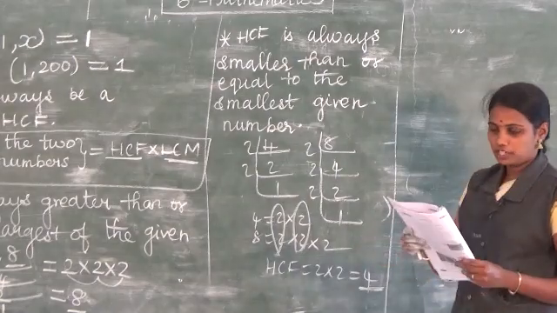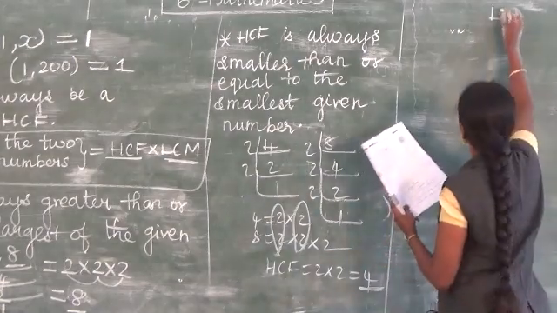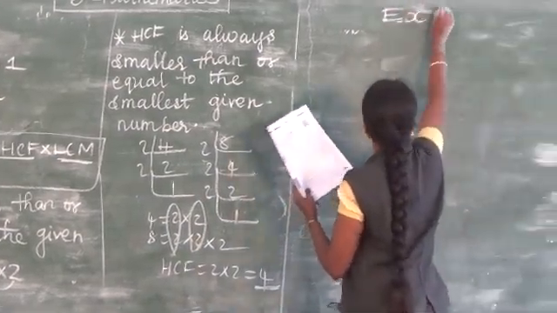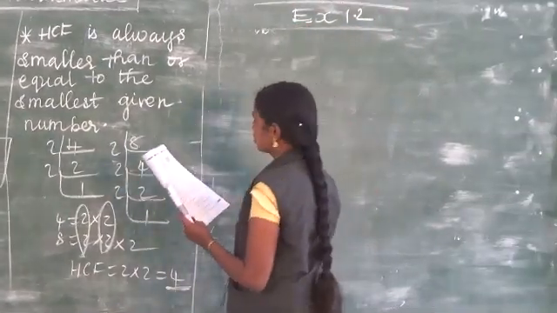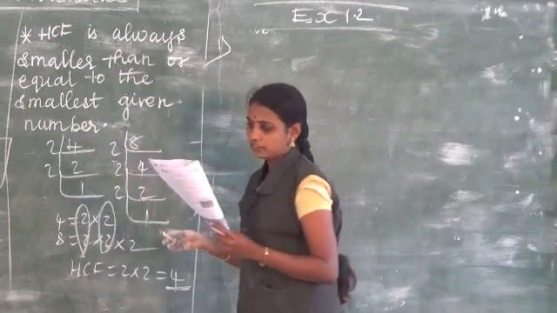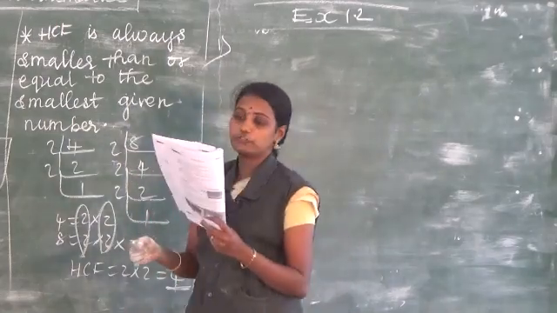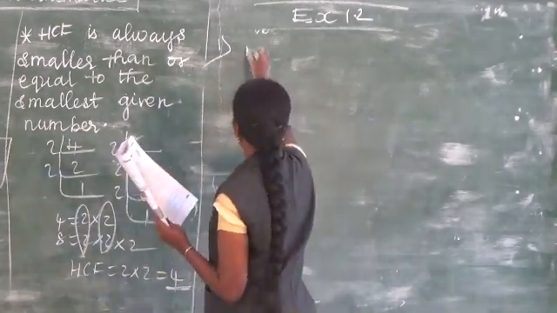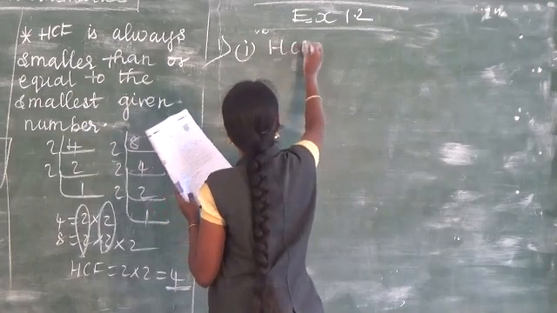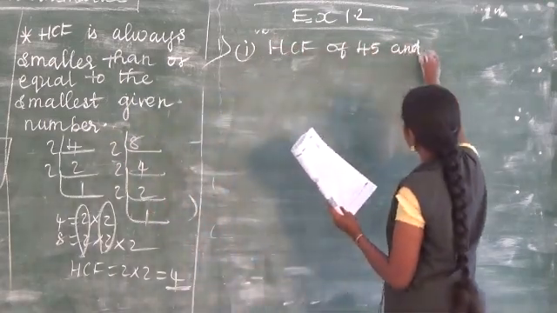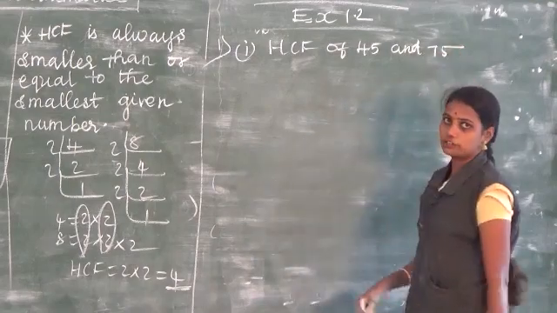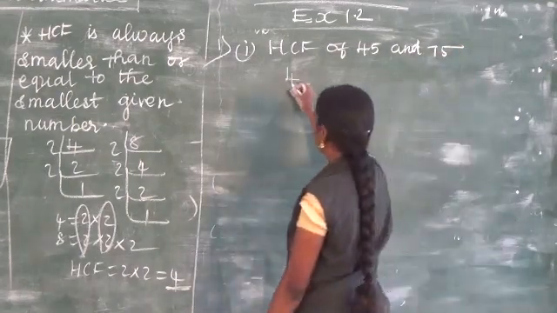Page number 21, exercise 1.2. Question number 1. First question, HCF of 45 and 75. Find out the HCF for 45 and 75.